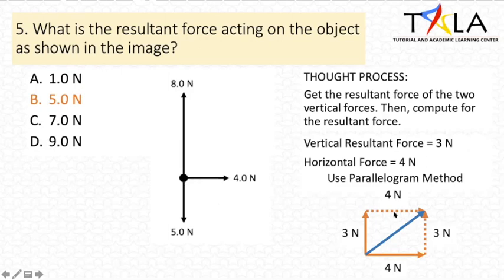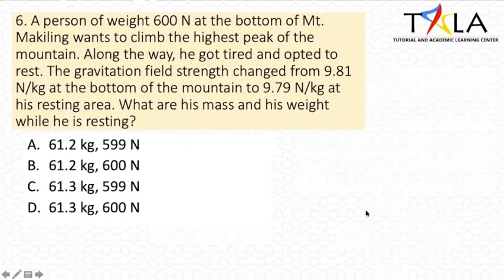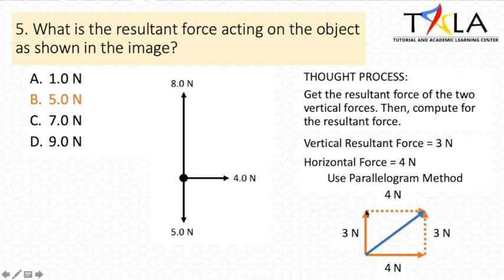Now, how to draw the parallelogram or how to get the resultant force using the parallelogram method. So again, first, you draw the 2 vector forces. Next is, you have to trace yung horizontal force natin from the top. Kumbaga, gagawa lang tayo dito ng parallelogram.